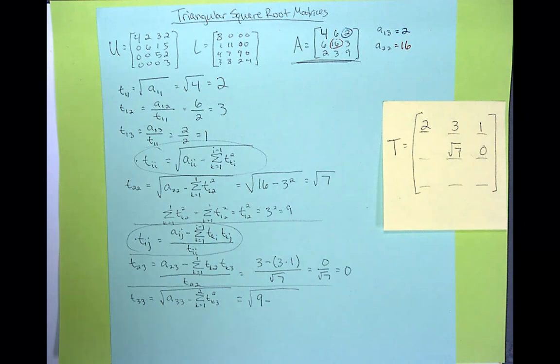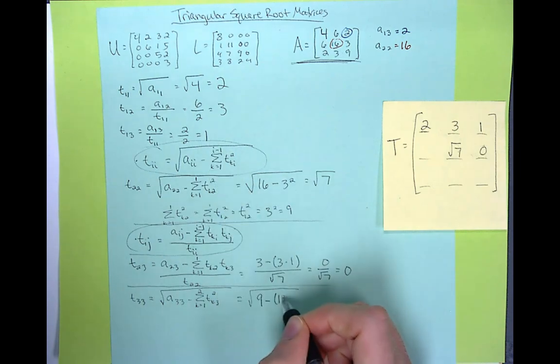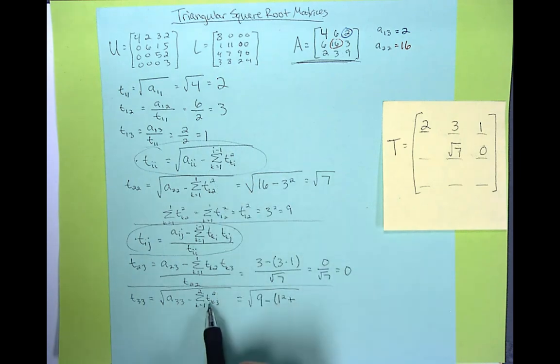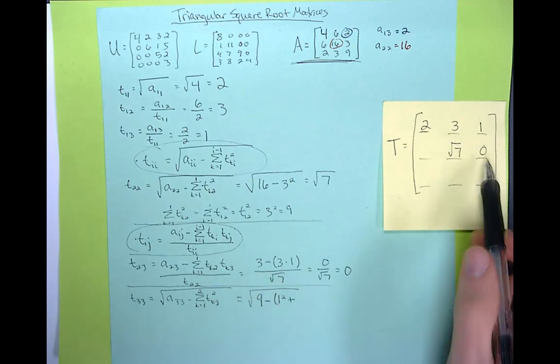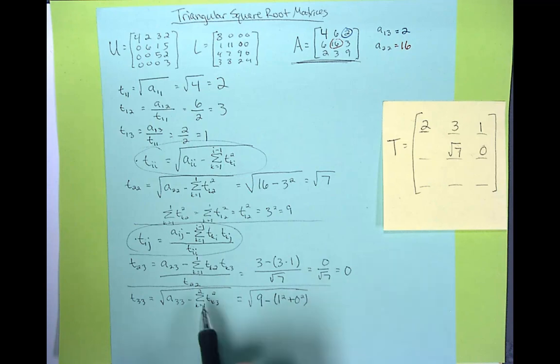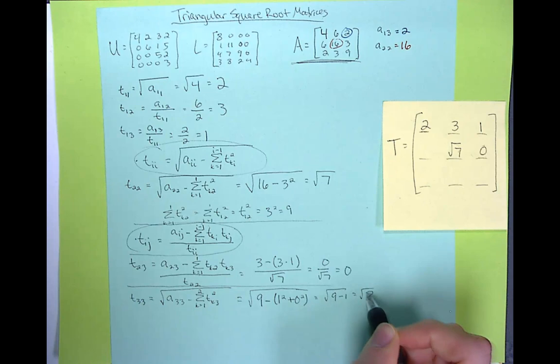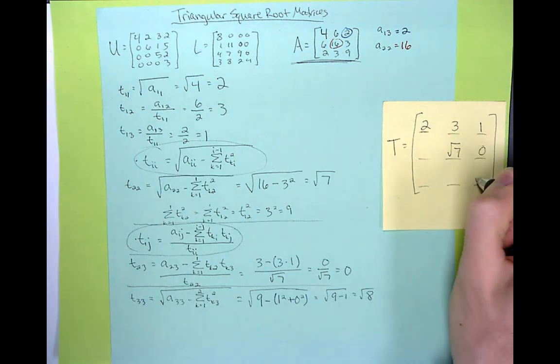So we have T sub 1 squared, which we found up here, so it's going to be 1 squared, plus T sub 2, which we found right here to be 0, and that's squared. And since K only goes to 2, we stop there. To simplify, square root of 9 minus 1 equals the square root of 8, and that is our value that goes in here.